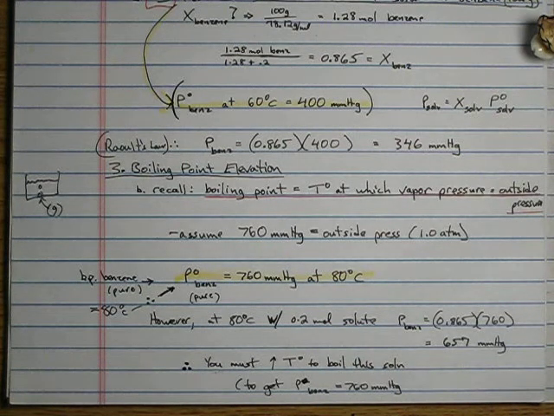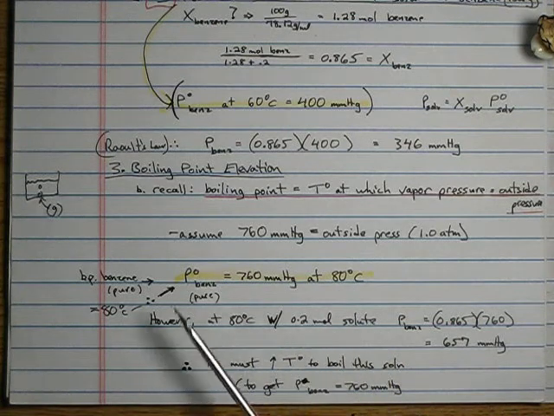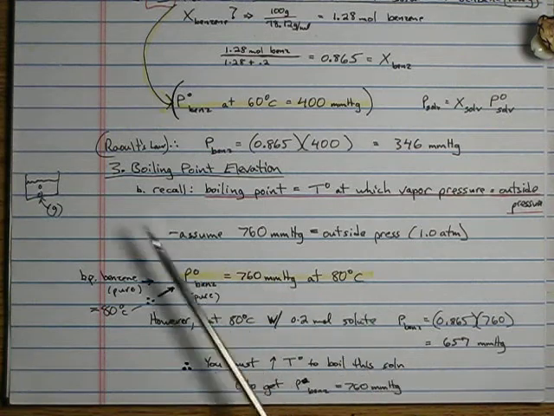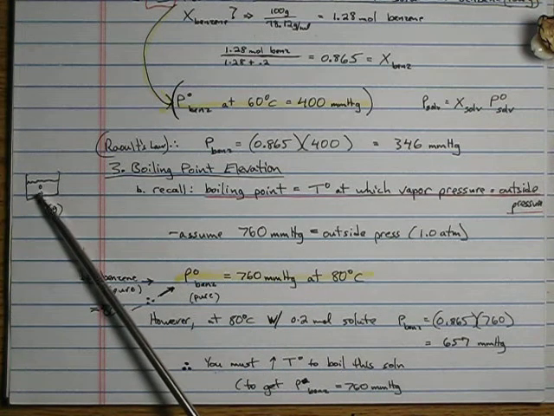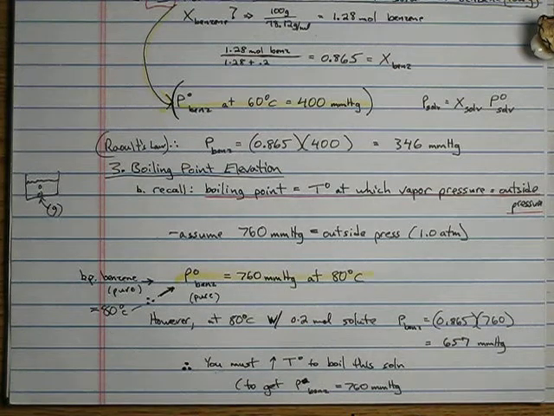What we're saying then is you have to increase the temperature of pure benzene to 80 degrees Celsius. And once you've increased the temperature of benzene to 80 degrees Celsius, then bubbles will start forming, because at 80 degrees Celsius, the pressure inside a bubble of benzene is going to equal 760 millimeters of mercury, so that bubble can form.